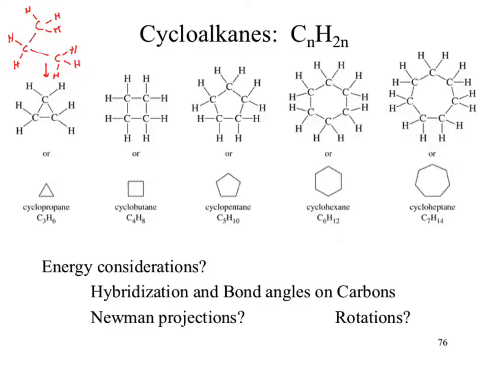So if I take a look at my model kit, to make that, I have to kind of connect that across. The longer ones are pi bonds. I've got a problem doing that, right?